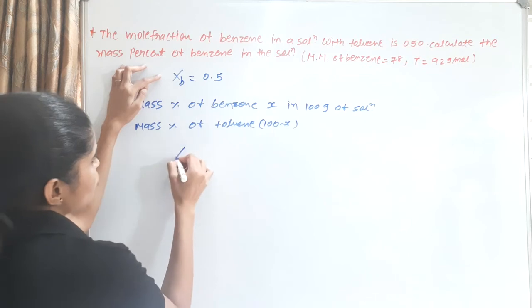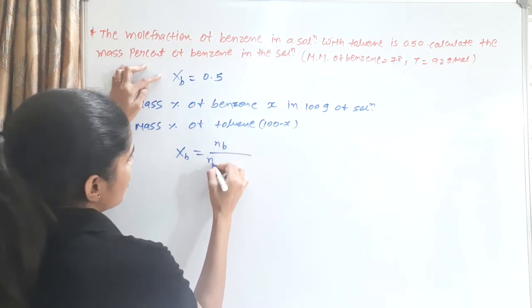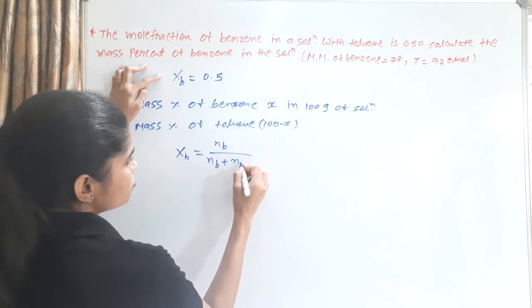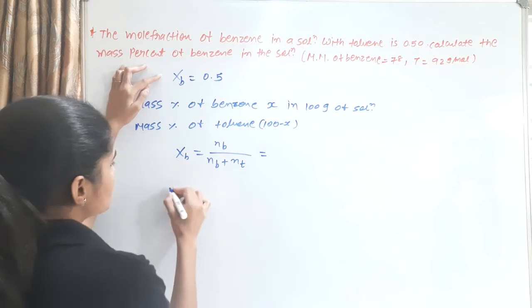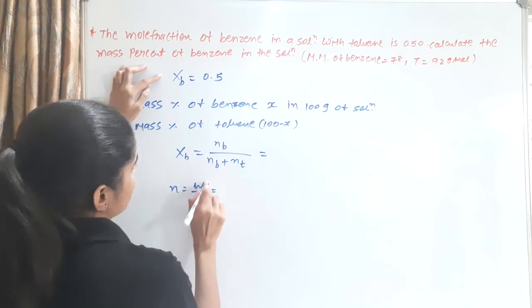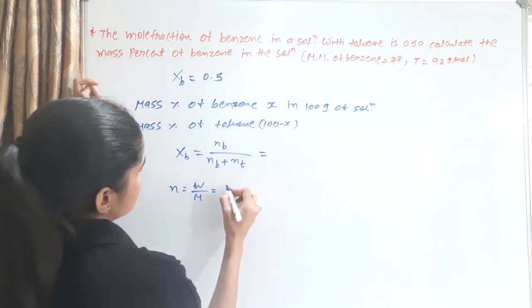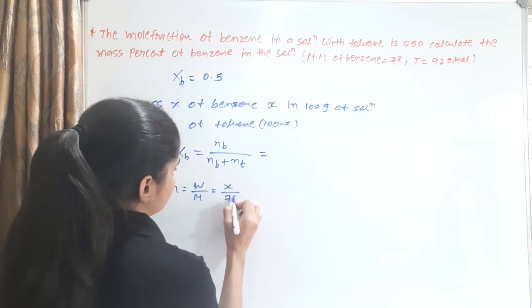Mole fraction given, so mole fraction of the benzene is equal to the moles of benzene upon moles of benzene plus moles of toluene. How to find out the moles of benzene? n is equal to W by M. This is the weight. So mass percentage weight is X divided by the molar mass of the benzene, 78.